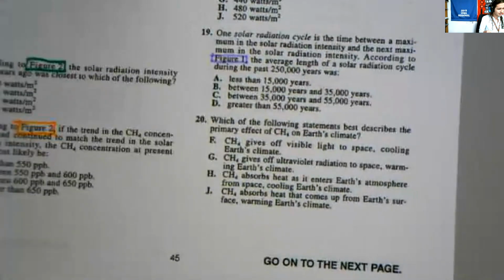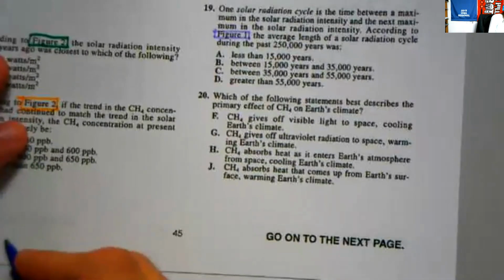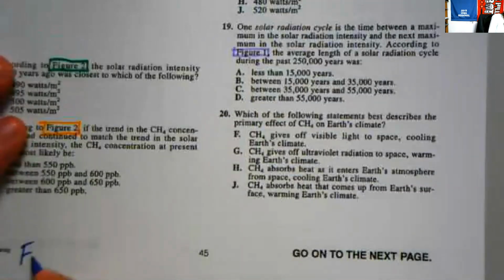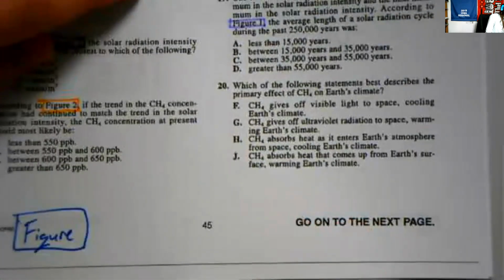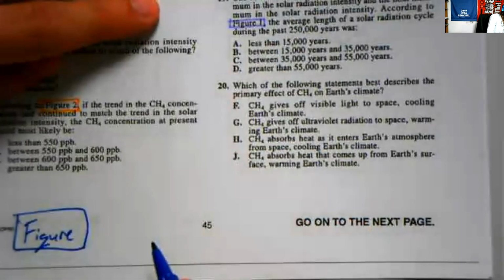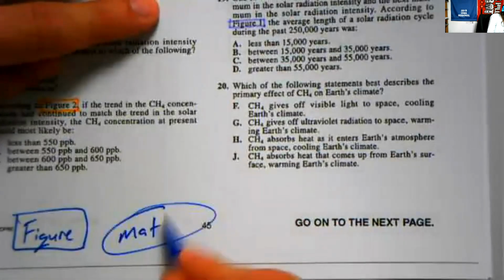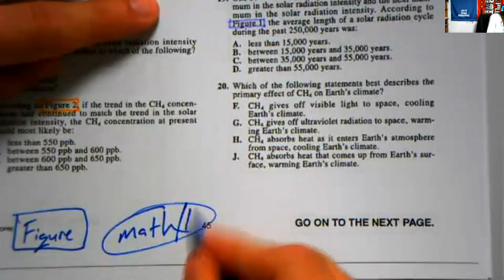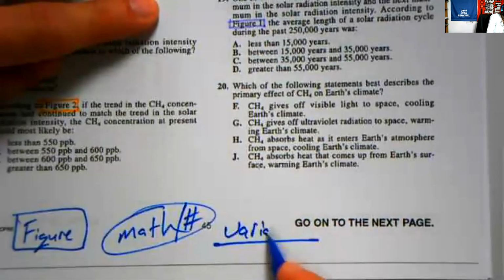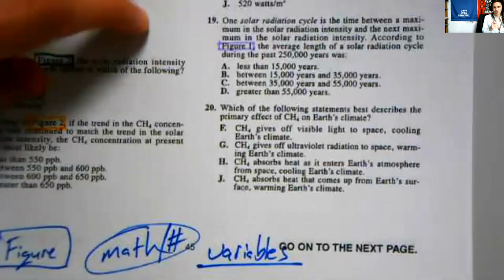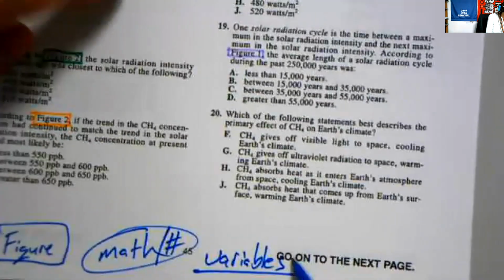So you're going to notice I'm putting boxes around where the answer is. So figures are going to get boxes here. What else am I going to do? I'm going to tend to circle math stuff that could also be numbers, and I'm going to underline the names of variables and words that I think are important.